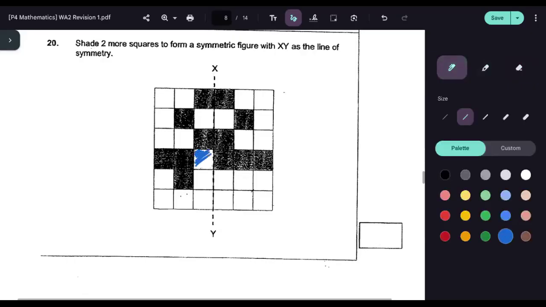You need to shade one here, and you need to shade one here. This concludes your line of symmetry. Okay, got it. Okay, awesome. Very nice. All good.